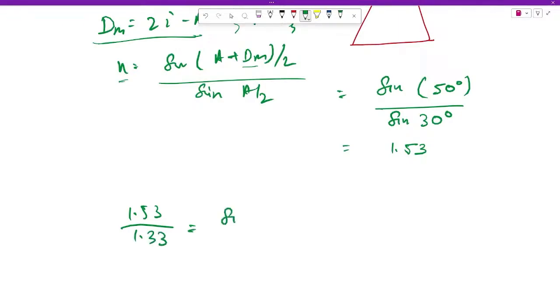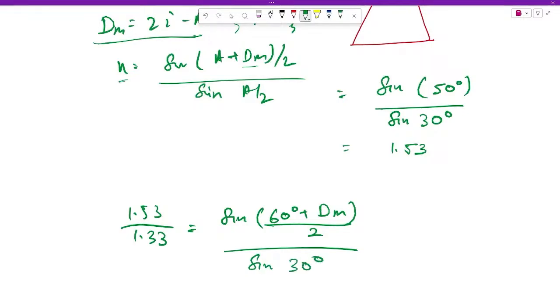This will give us sine of (A plus dm) by 2, where A will be constant because the prism is the same, that is 60 degrees, and dm we have to find out, so dm will be unknown, divided by sine of A by 2, that is 30 degrees. Now after solving this, we will come to the conclusion that dm is equal to 10.32 degrees.